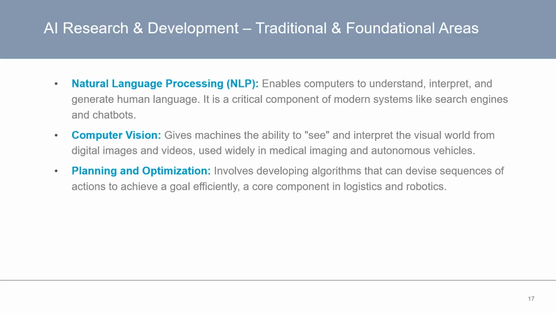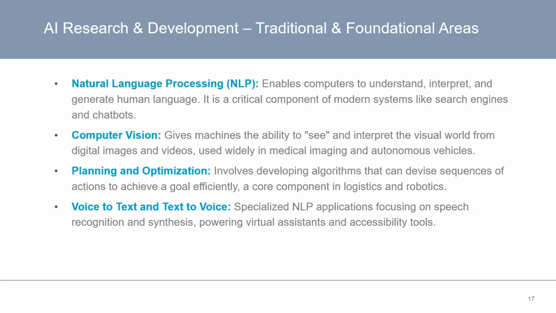Also, planning and optimization, which involves developing algorithms that can devise sequences of actions to achieve a goal efficiently, a core component of logistics and robotics. There's also voice-to-text and text-to-voice, involving specialized natural language processing applications focusing on speech recognition and synthesis, powering virtual assistants and accessibility tools.